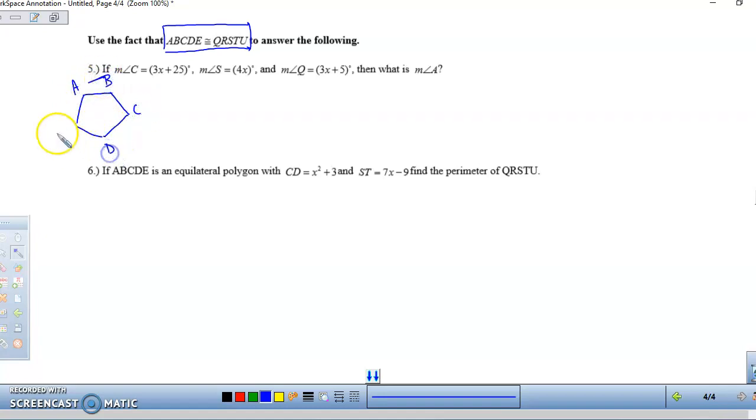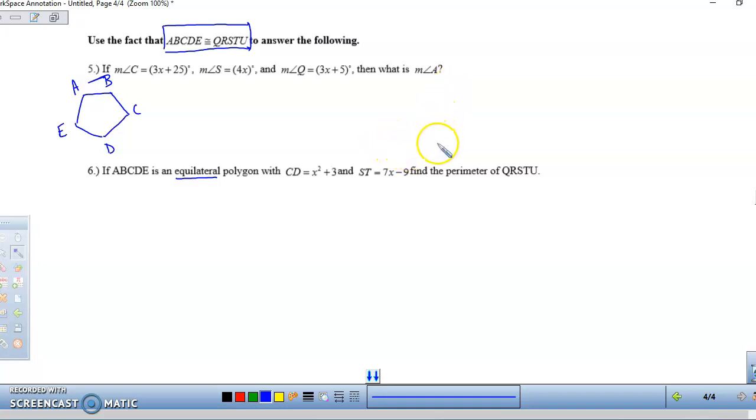It really helps solidify what the question is asking, and then label what you are given. So draw the Q, R, S, T, U, and then give that a try. This one is slightly different because you have equilateral polygons, but try those on your own. So pause and try those and then come back.